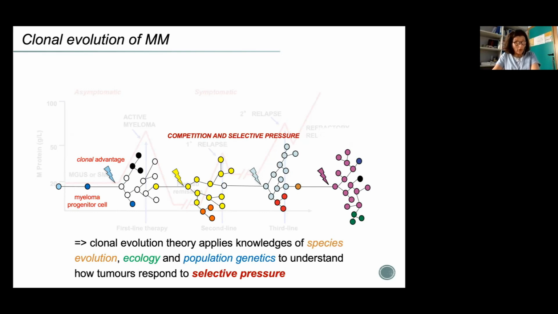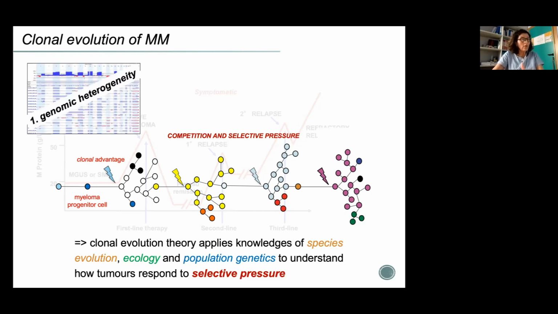So, two main points are critical to understand the relationships between the biological characteristics of myeloma and the clinical dynamics over time. First of all, the genomic heterogeneity of myeloma plasma cells, which is very high already at diagnosis and which changes continuously over time, might explain the evolution dynamics of the disease.